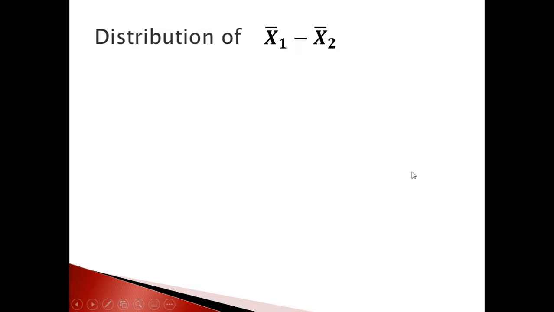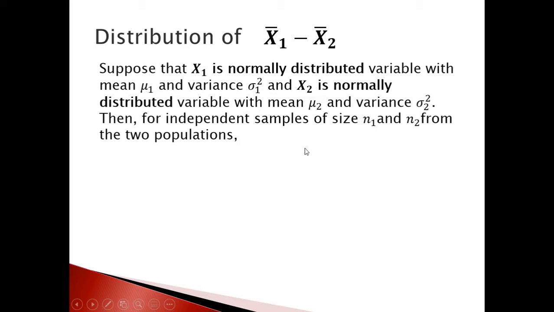Now we are going to find the distribution of x1 bar minus x2 bar. Suppose that x1 is a normally distributed variable with mean mu1 and variance sigma 1 squared, and also x2 is a normally distributed variable with mean mu2 and variance sigma 2 squared.